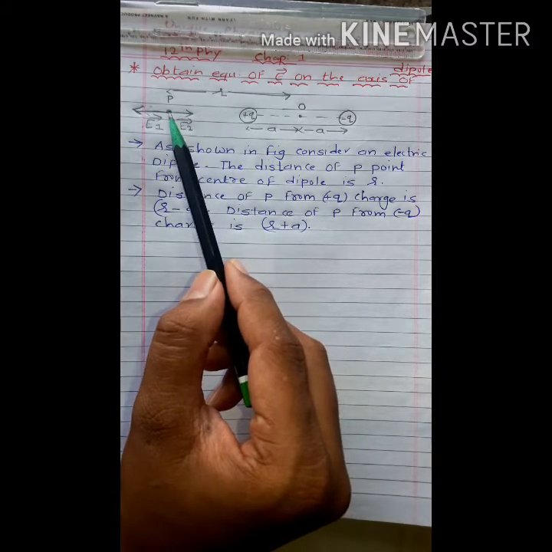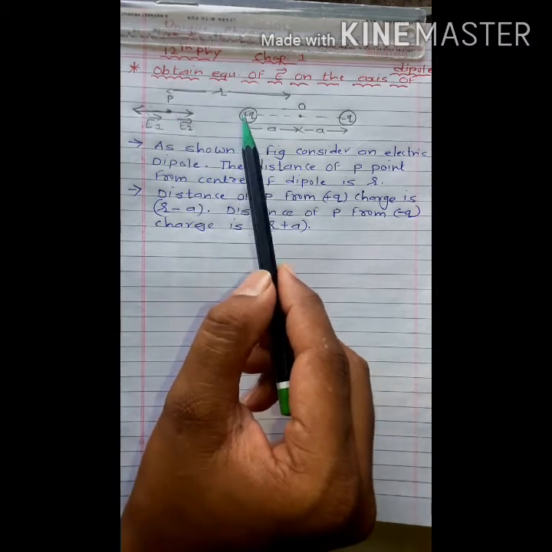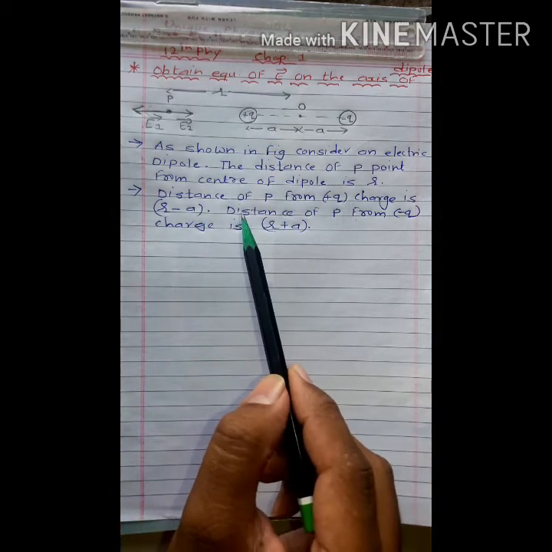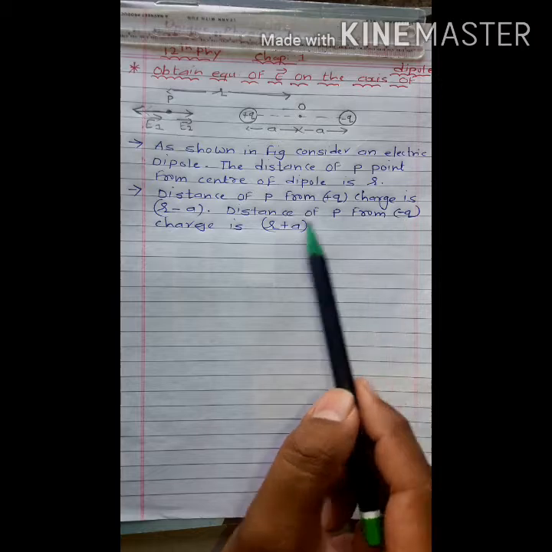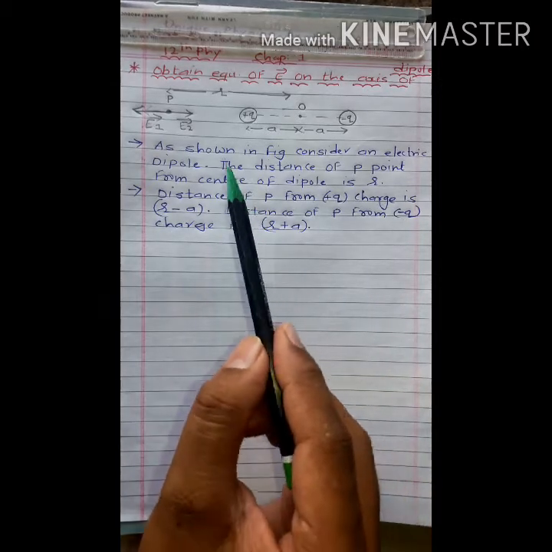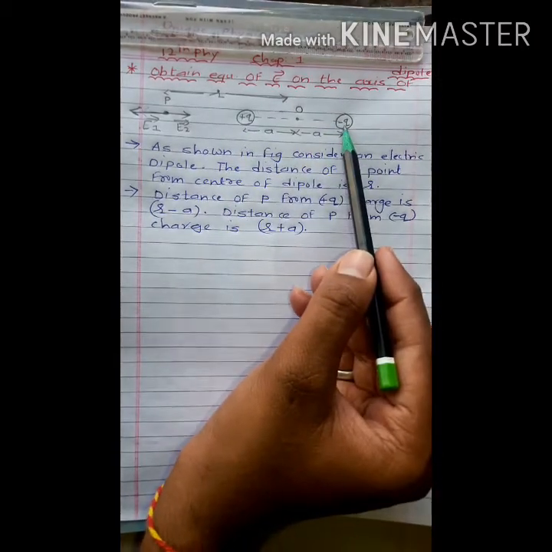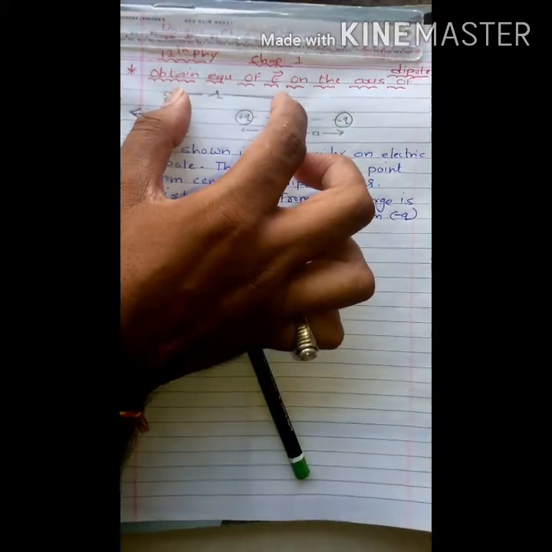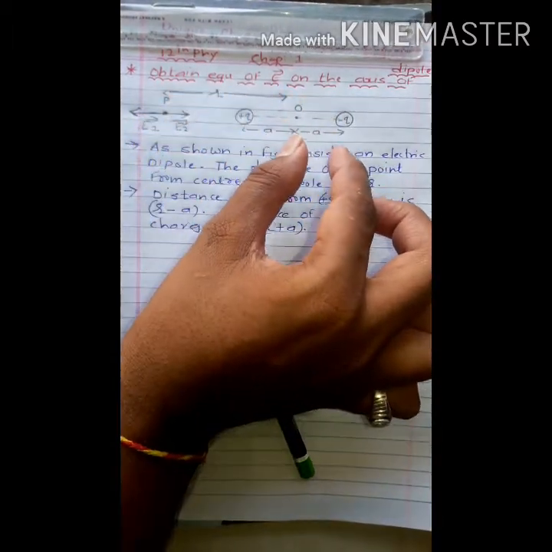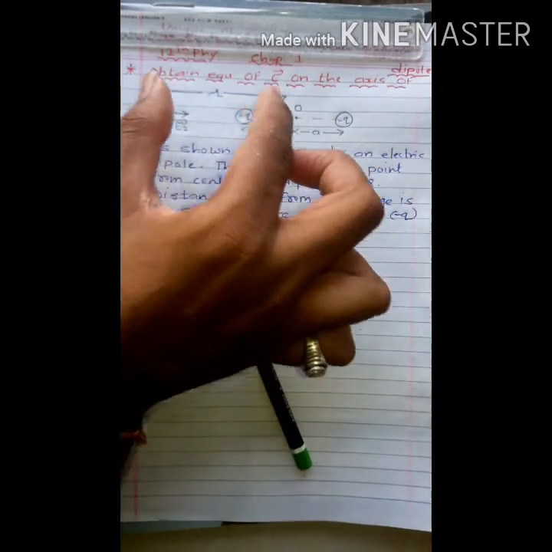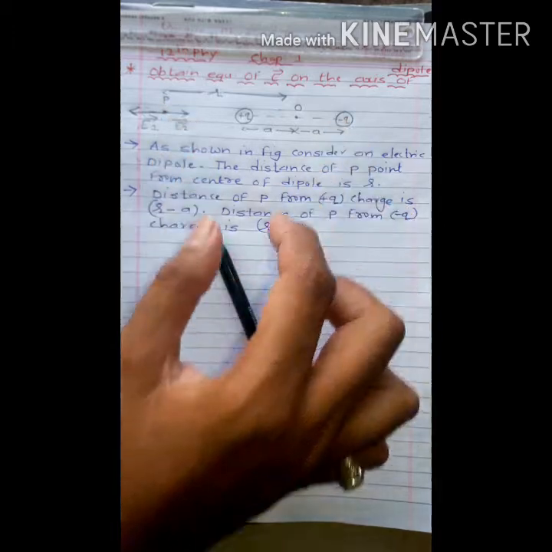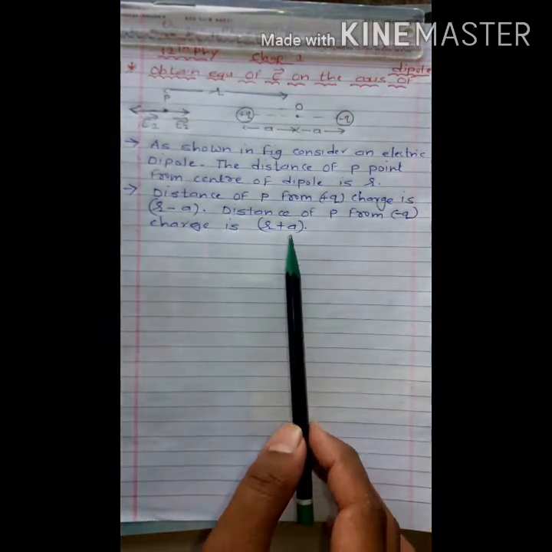So distance of P point from plus q charge is r minus a. Okay, similarly distance of P point from minus q charge is r plus a. This is our minus q charge. We want this distance. So first of all we consider this distance r plus this distance a. So r plus a, this is distance between P point and minus q charge.